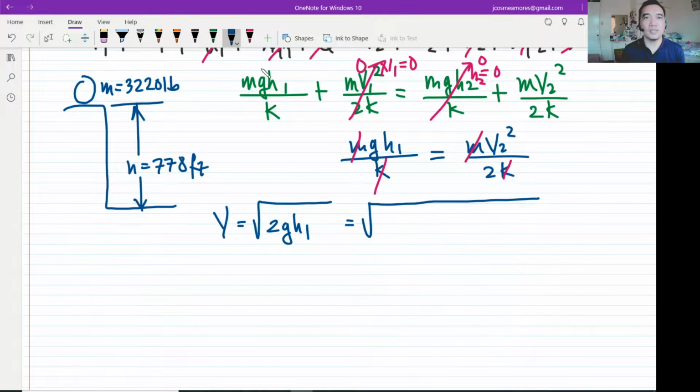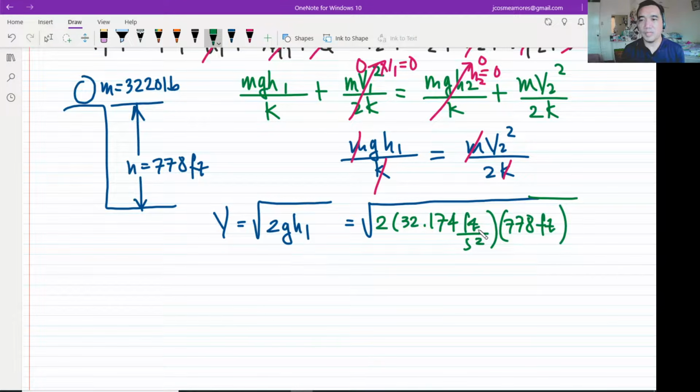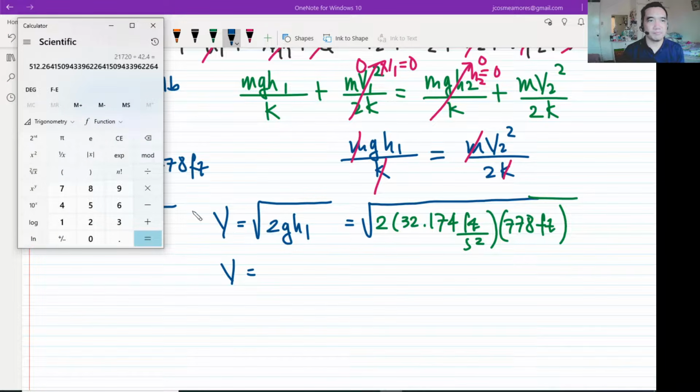So let's go ahead and input those in our equation. V is equal to the square root of 2 times g, which is 32.174 feet per second squared, the gravitational acceleration, times the height, 778 feet. If we multiply the units, we have feet squared over second squared, and since it is in a square root, the final unit will simply be feet per second.